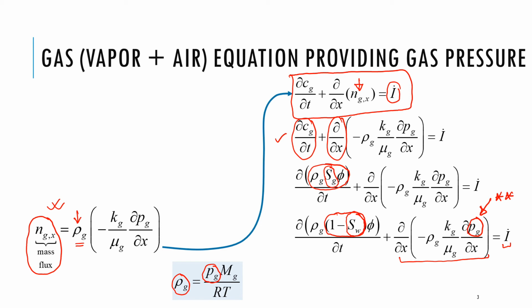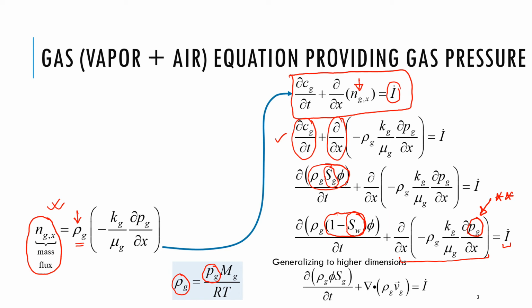So this is actually the pressure equation. This equation gives us the pressure that is used to calculate velocities of the fluid phases in all the equations. So it's very important and very convenient to solve for the pressure.